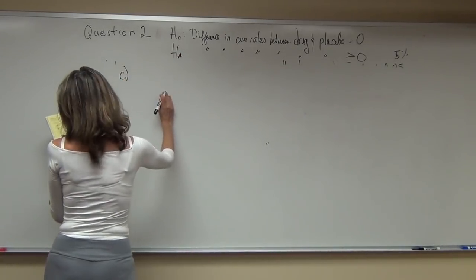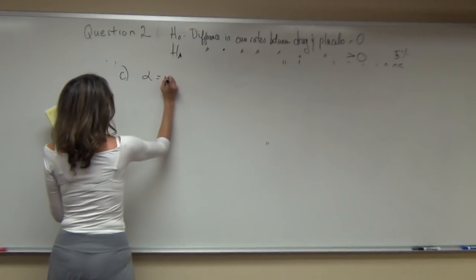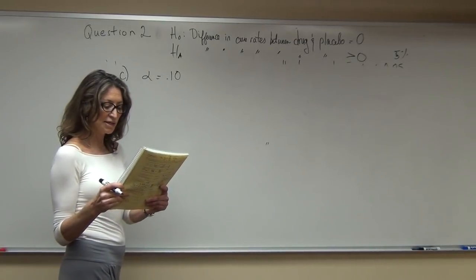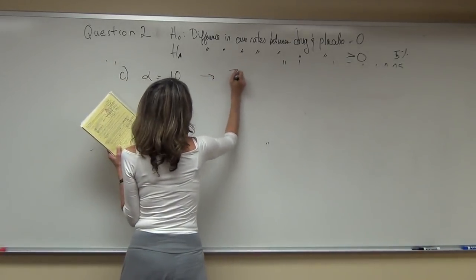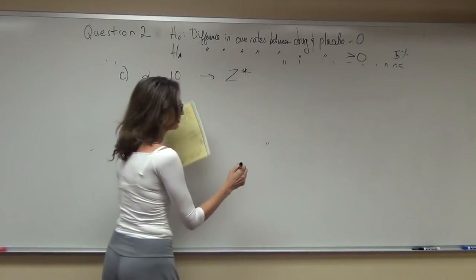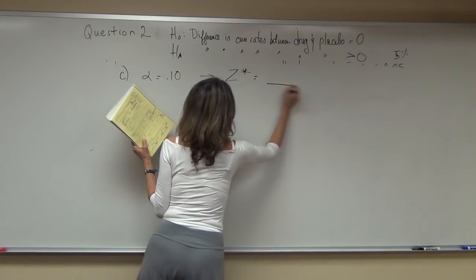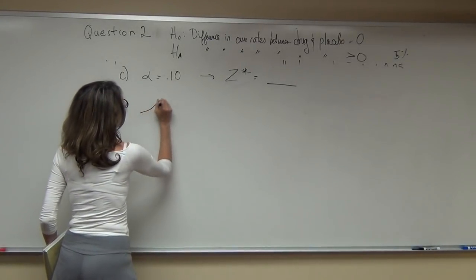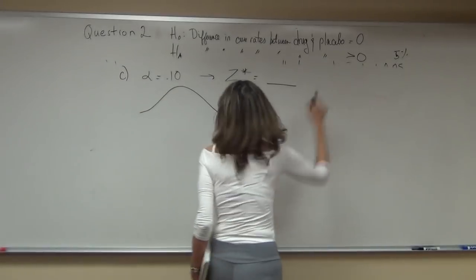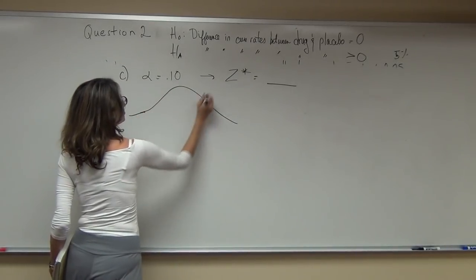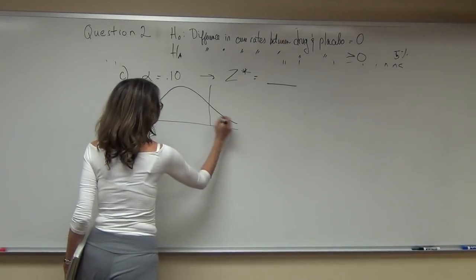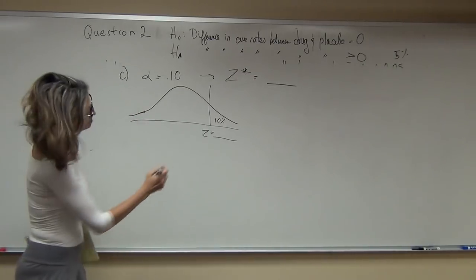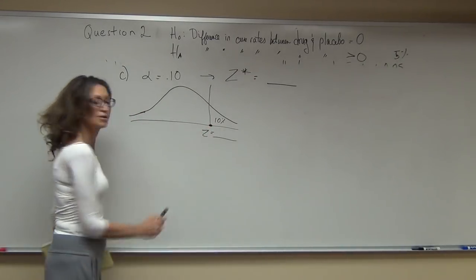If we set alpha equal to 10%, that's a null cutoff at 10%, then the critical value, this means Z star, is equal to what? All right, so alpha equal to 10%, we still have this one-tailed test, means we're willing to accept this 10% error right here. So we're just looking for the Z-score that corresponds to 10% right there, right?